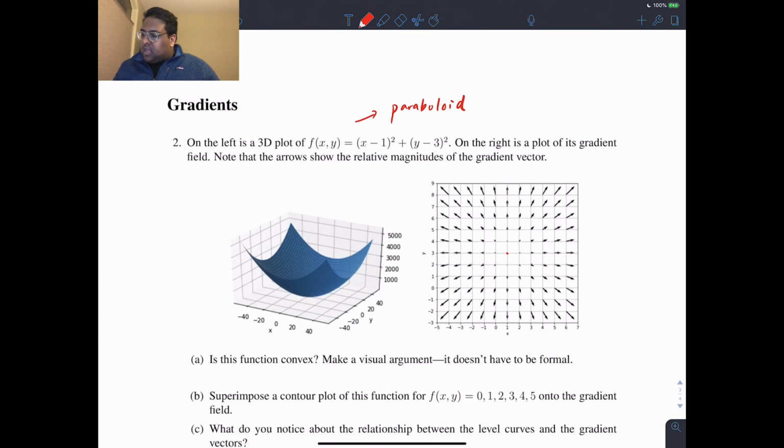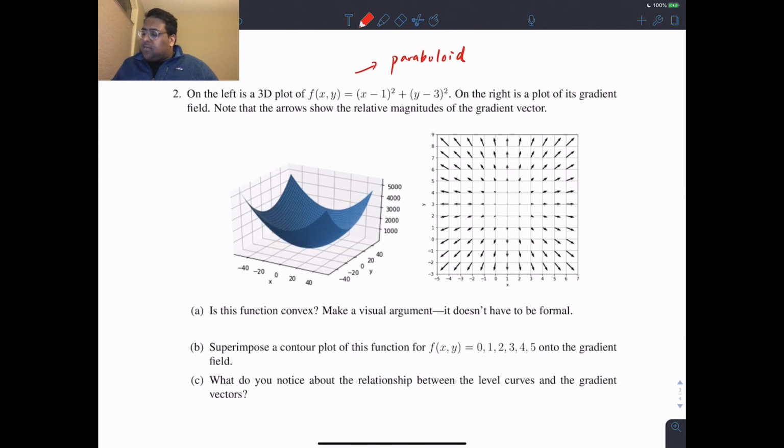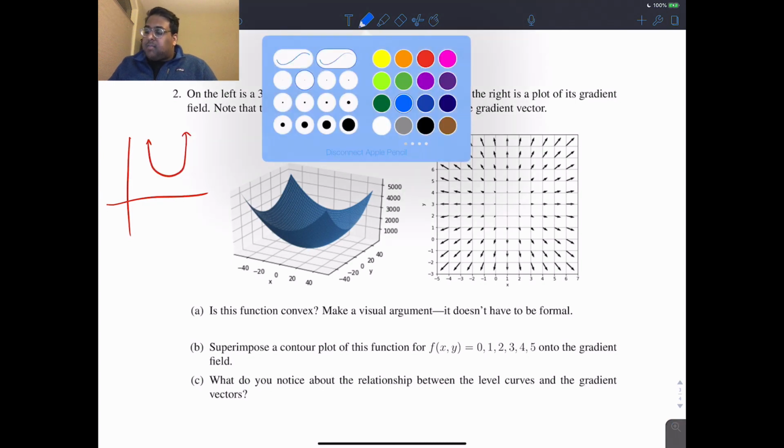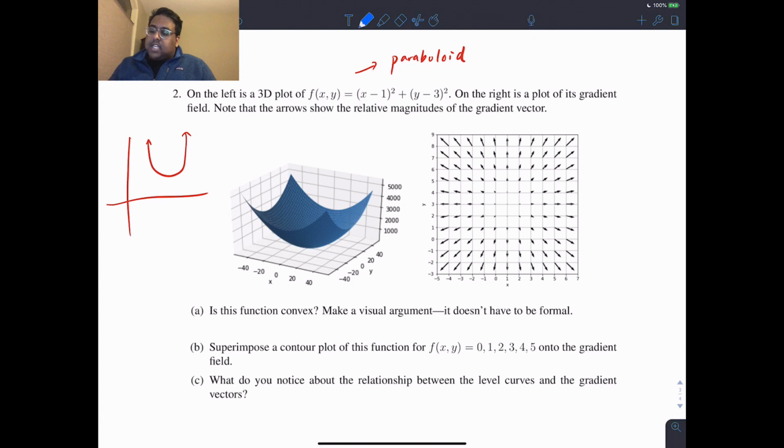Great. Okay, so firstly, part A, we're asked, is this function convex? And we can just make a visual argument. Okay, and so when we first learned about convexity, we saw that there were a bunch of equivalent definitions, but a really nice visual one was that for a function to be convex, it must satisfy the property that if we take any 2 points on the function and draw the secant line, which is just taking 2 points on the function and connecting them, that secant line always has to lie above the function.